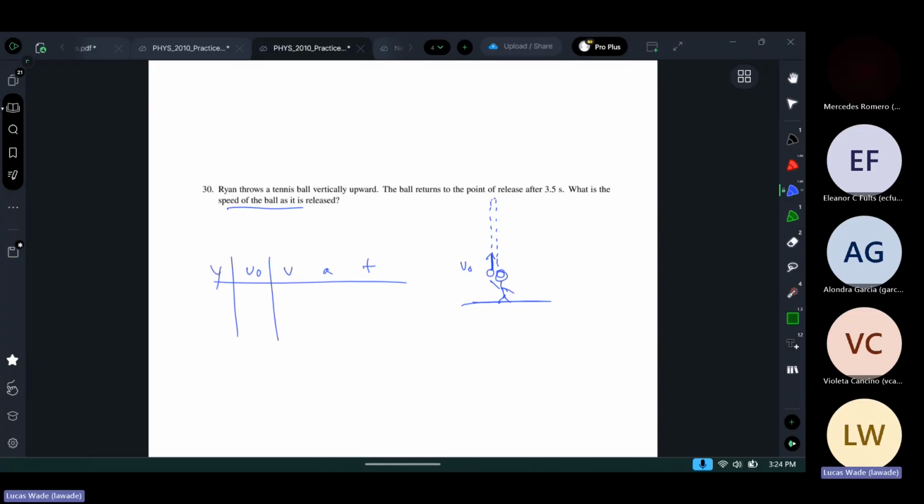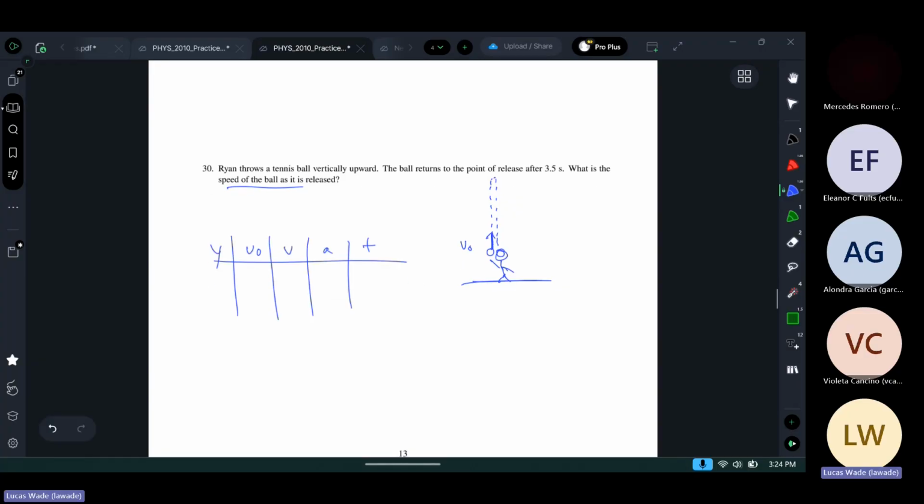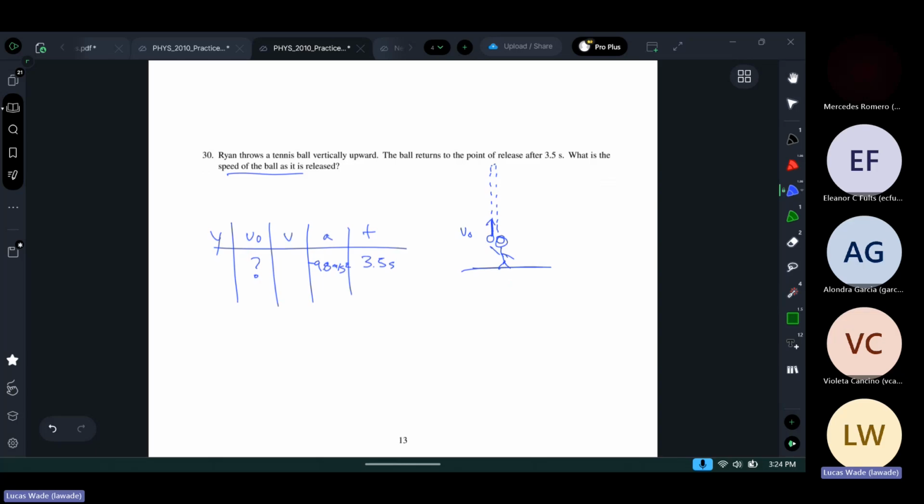Okay, so it's a kinematics problem. The question is, what is the speed? I know acceleration automatically because it's free fall. I know the time because it's given. I don't know the final velocity. There is a way to know if you're clever, but it's not strictly given.